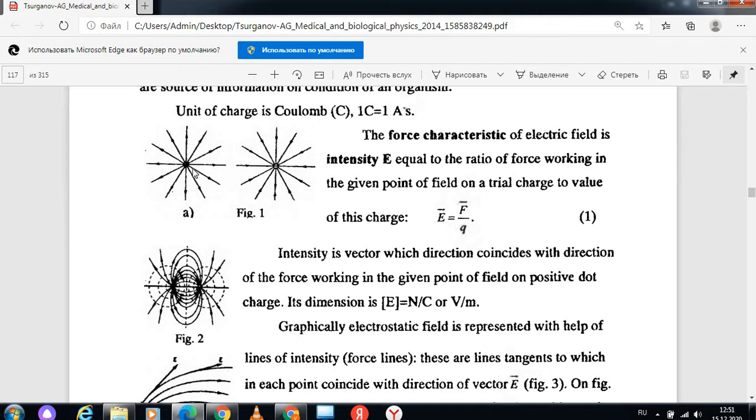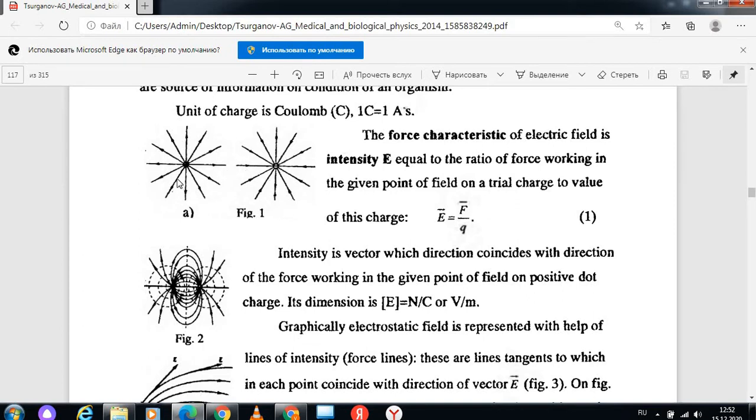Yes, vector of electric field E, or intensity E, is equal to the ratio of force working in the given point of the field on a trial charge to the value of this charge. So all the time we will divide the force of the field, which is working in the given point of the field, on some special type of charge, what we call a test charge.